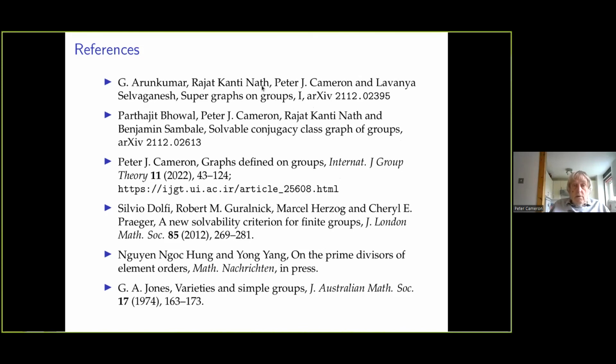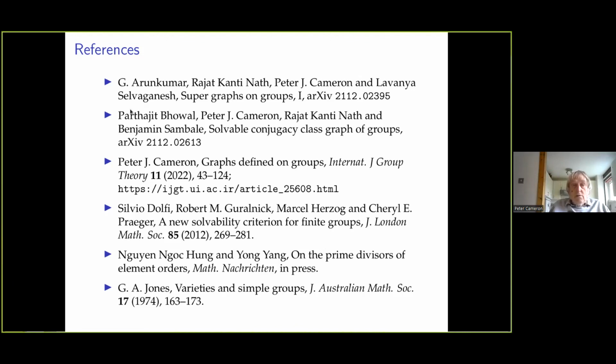So that's what we were doing. The reason for doing that for us was that we wanted to compare these graphs, and so we want them all to have the same vertex set. But you see, if you go to the supergraph, each equivalence class will be a complete graph, and any two equivalence classes will either have no edges or all possible edges between them. So the very natural thing to do is to shrink them down to single vertices and use the condensed graph.